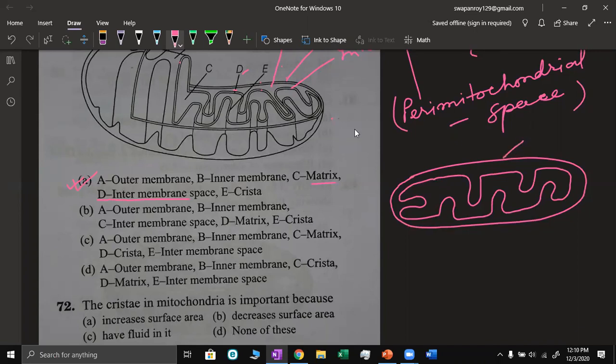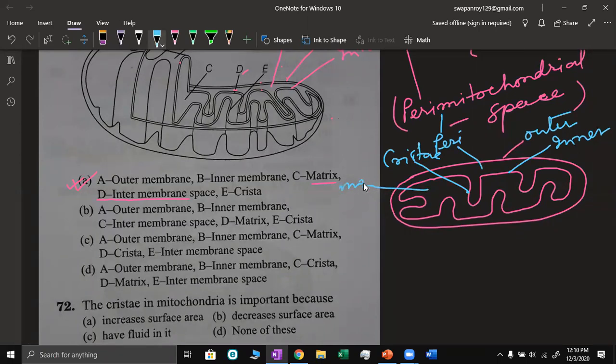This is the outer, inner, and this is the perimitochondrial space. This one. Okay, this is cristae, and this is matrix.